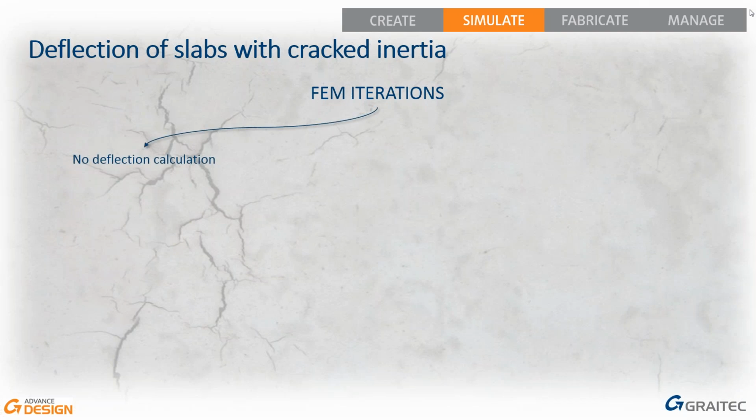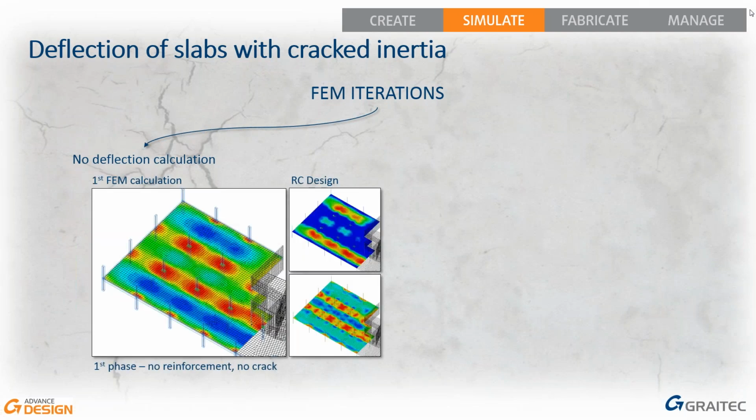In the first, you don't actually need to calculate deflections. At the beginning, you just calculate your FEM model, you get the design results, and you can calculate your SE section. So you get your reinforcement, you get your cracks. You don't actually get your deflection because that's not what you wanted to do.